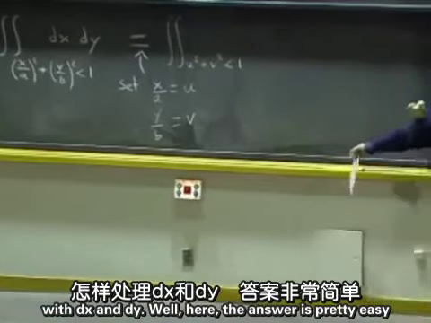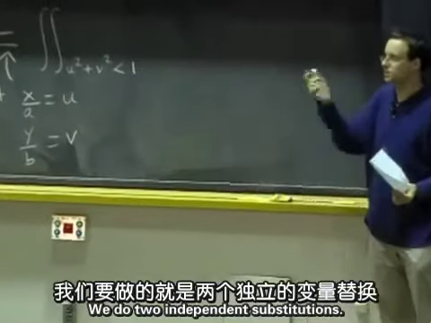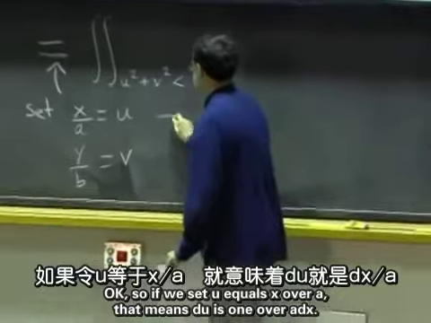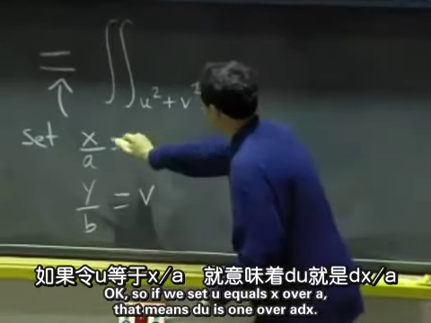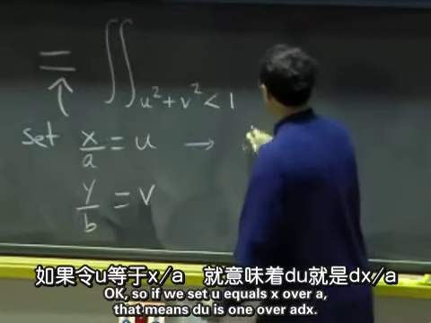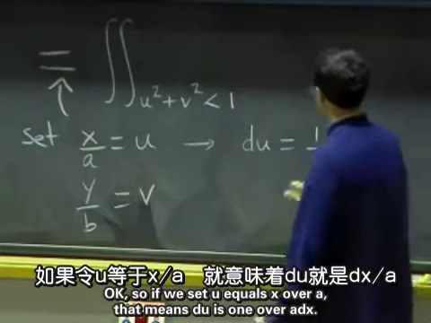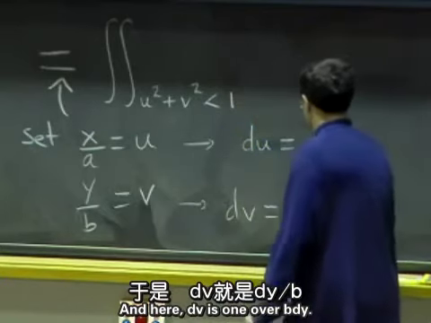Well, here the answer is pretty easy because we just change x and y separately. We do two independent substitutions. If we set u equals x/A, that means du is (1/A) dx. And here, dv is (1/B) dy.